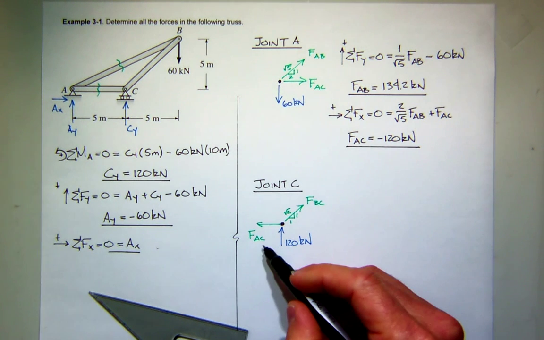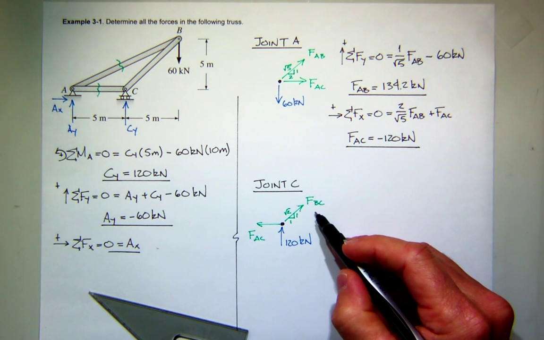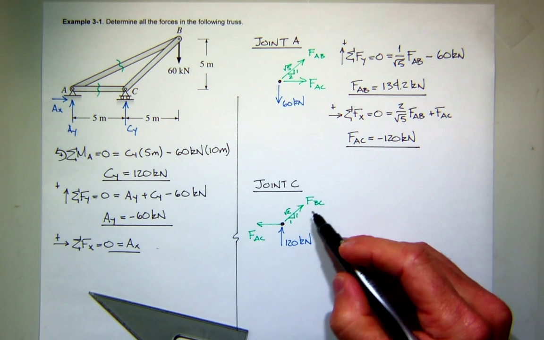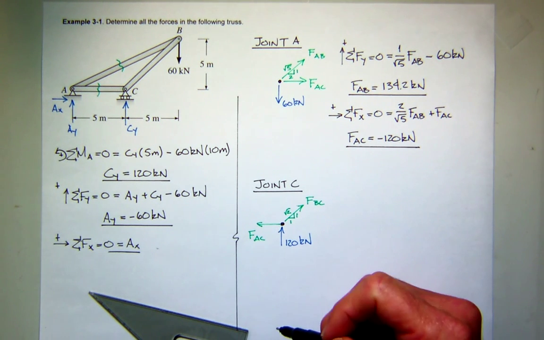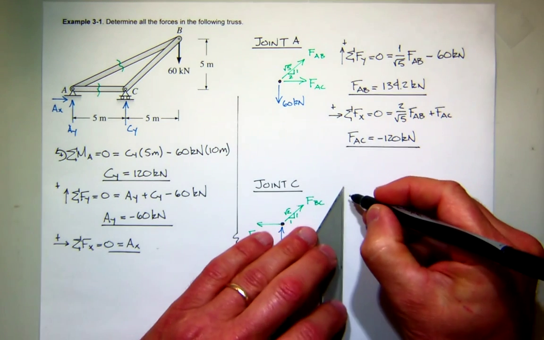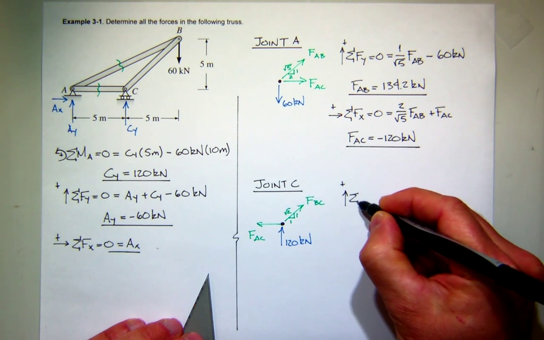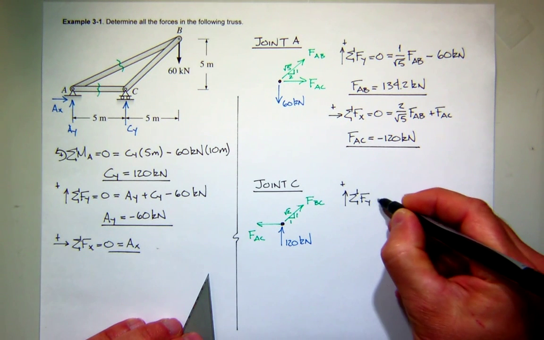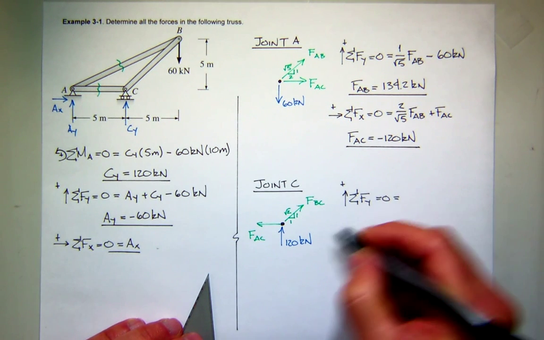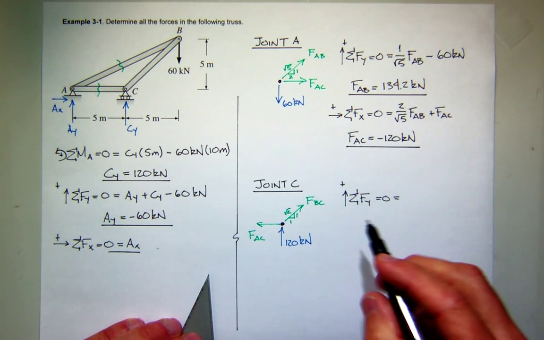Now remember, I already have AC, right? I'm trying to find BC. Can I find BC with one equation that does not involve AC? Sum forces in the Y direction. Yeah. I think that's healthy for your solution process, because if you don't have to use previous information, it will be good for you.